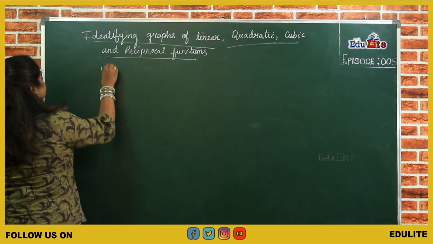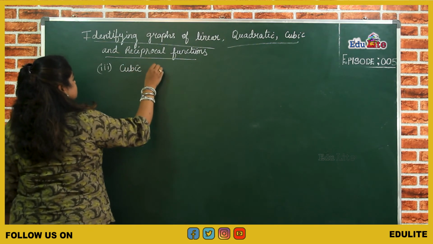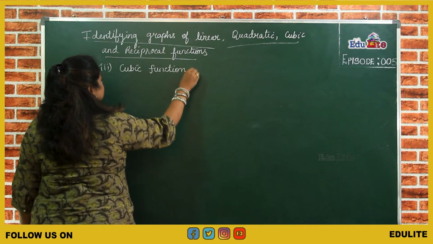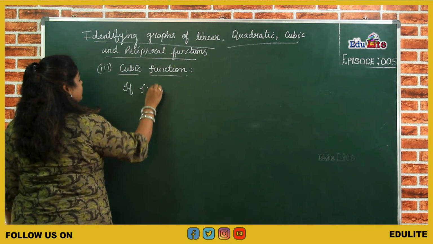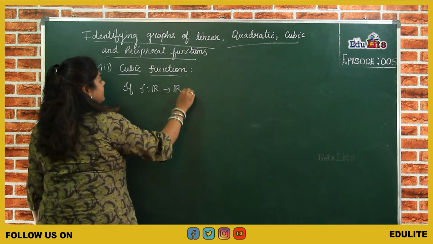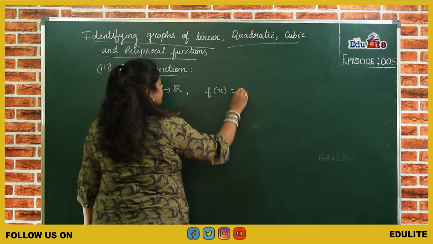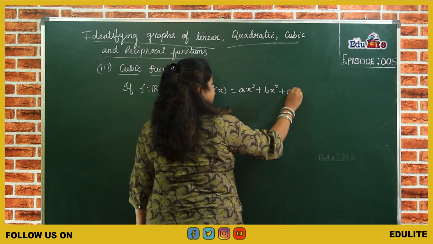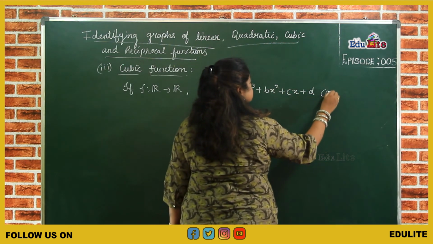Next is the cubic equation. If f is a mapping from a real number to another real number and f of x is defined as ax cube plus bx square plus cx plus d. In this relation, a shouldn't be equal to 0. Why?